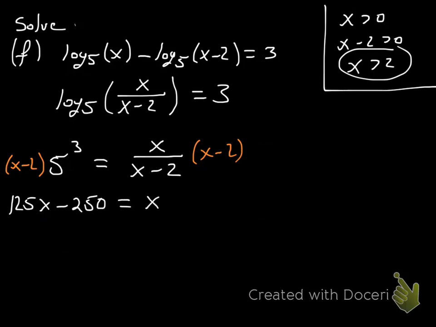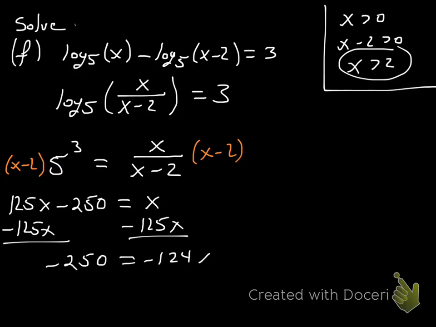So this is just a linear. We've been doing quadratics the last couple of times, so we're going to subtract 125x from both sides so that we can isolate the x. So negative 250 is going to equal negative 124x.